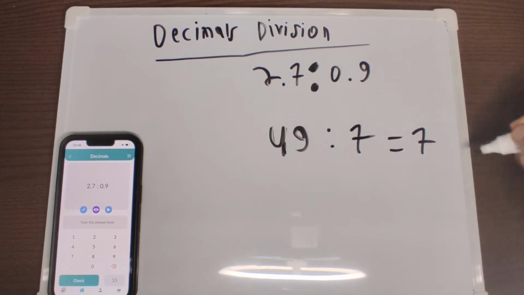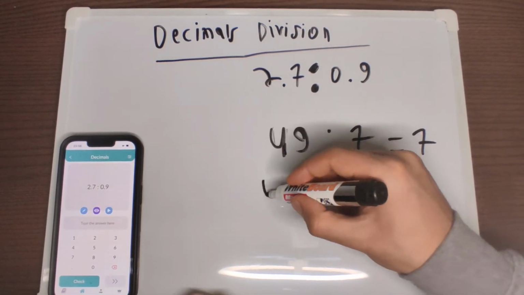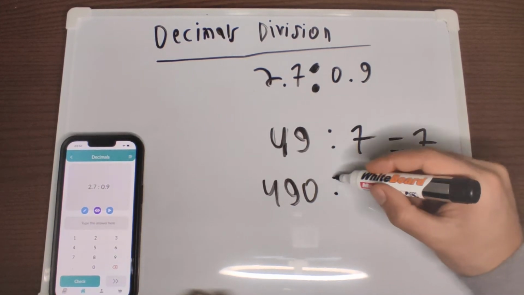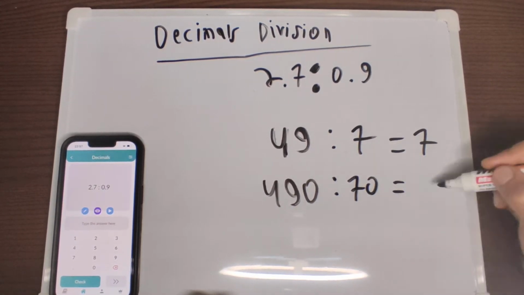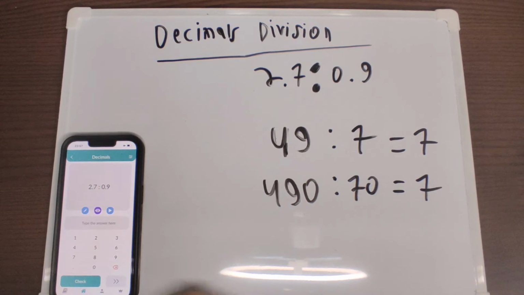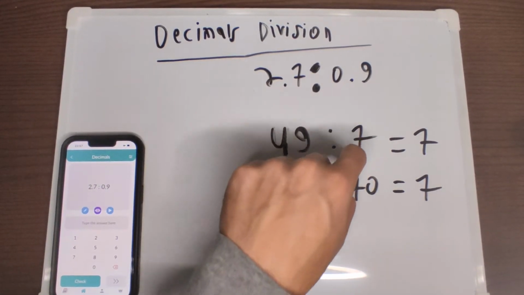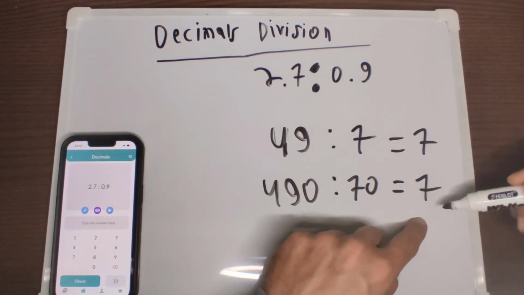The result is 7. If I take 490 divided by 70, the result will also be 7. So wait, I just multiplied this number by 10 and this number by 10 and the result remains.